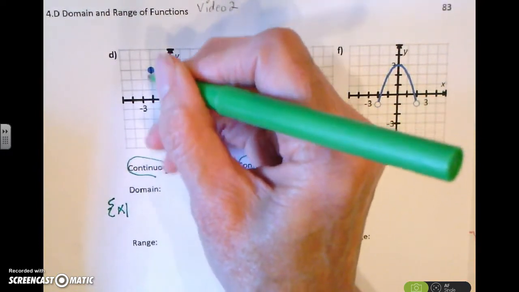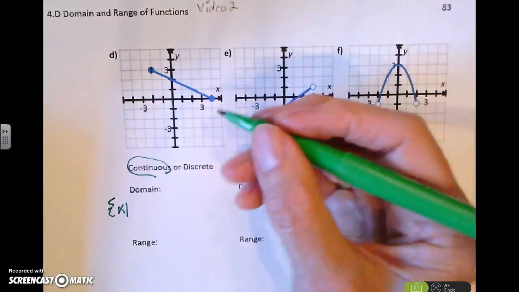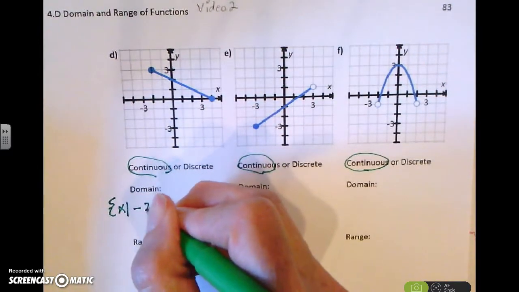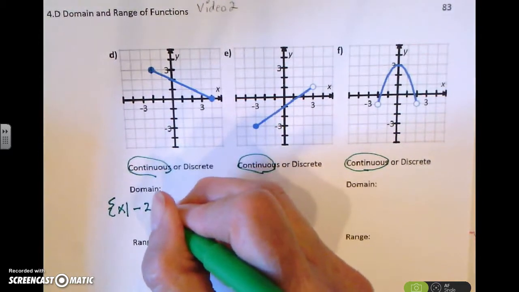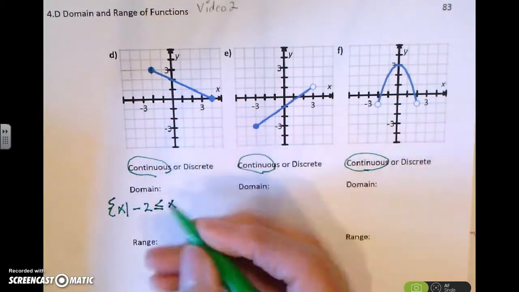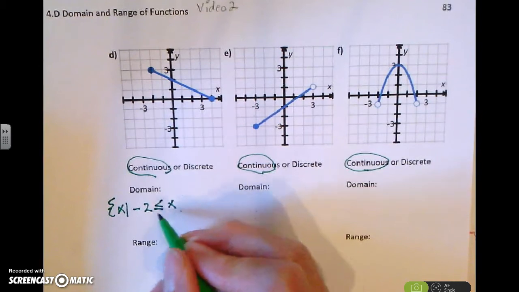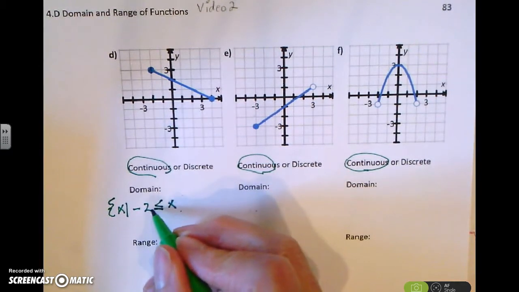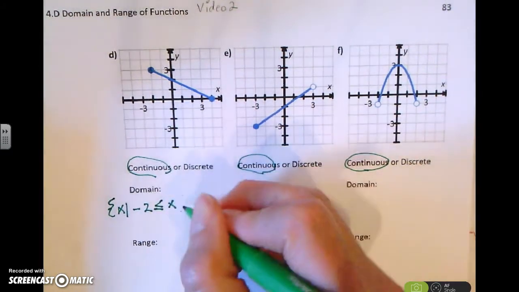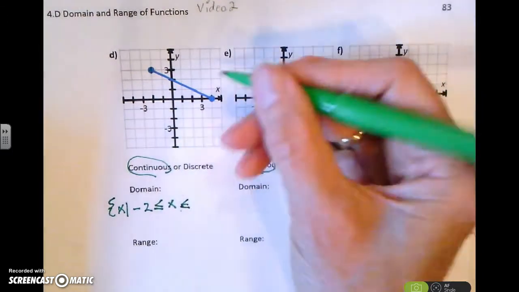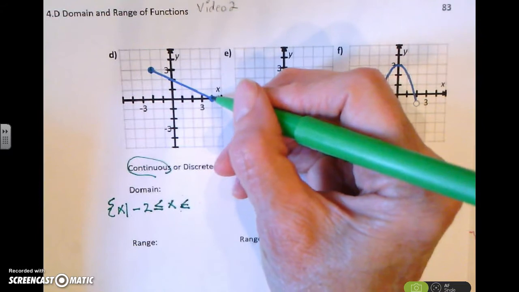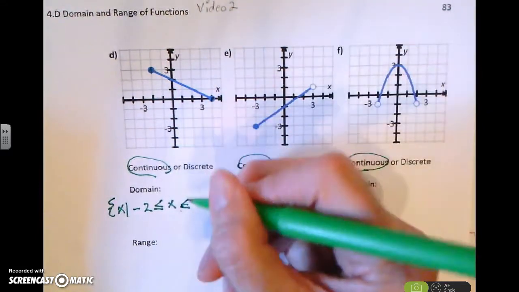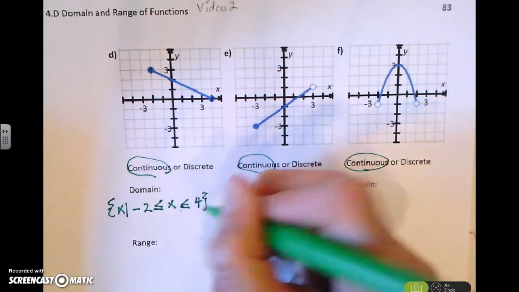The first x that's plotted is right here at -2, so we're going to start with a -2. It's equal because you can see the solid dot, so it's going to be less than or equal to x. Remember that when we do this three-part inequality, our inequalities always point to the left, and then this is going to be less than or equal to, and then the rightmost, the last x value that's plotted is this one right here, which is at 4.